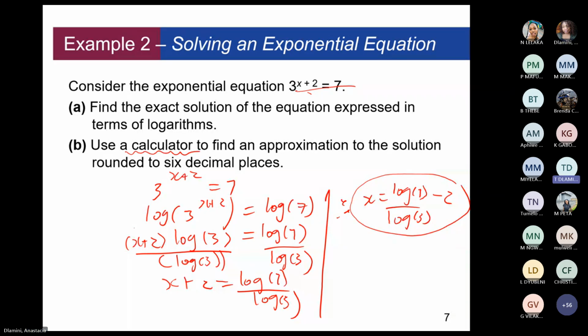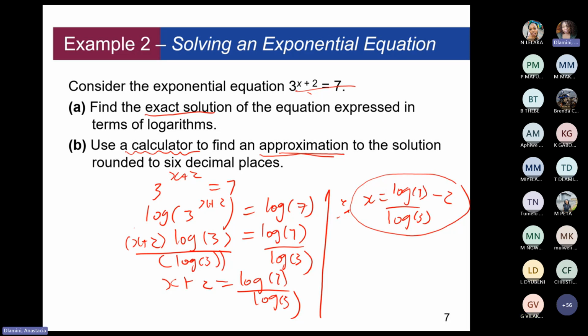Because the number is irrational, they want the answer to a number of digits. They say approximate because you're not going to get the exact number.